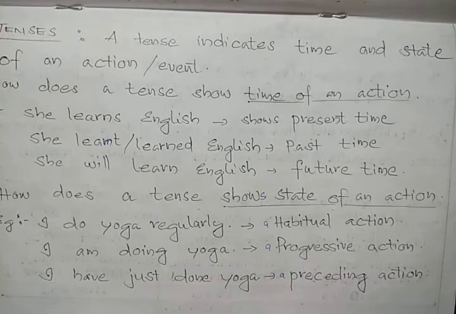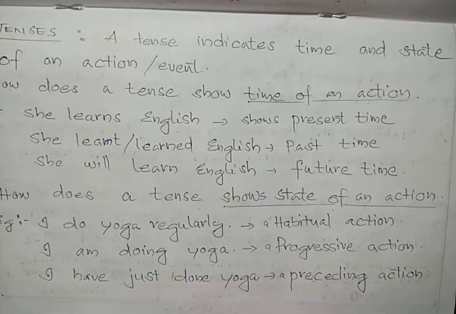Here, the past tense of learn is used in two different spellings. Both can be used as past tense of learn. She will learn English. It shows future time. This is how a tense shows time of an action.